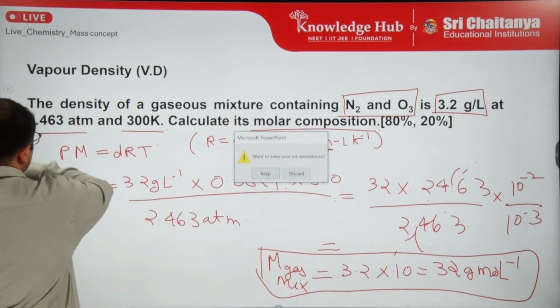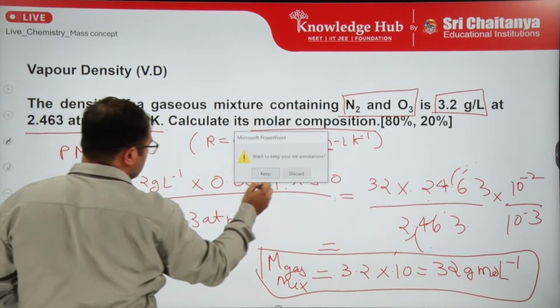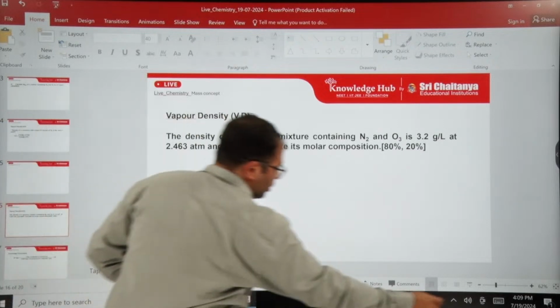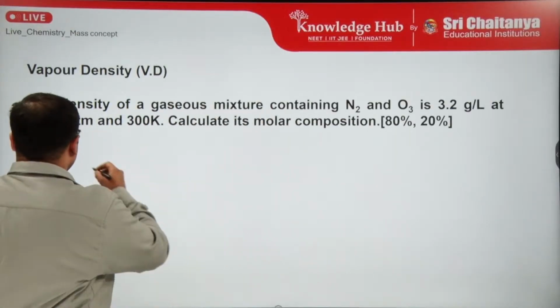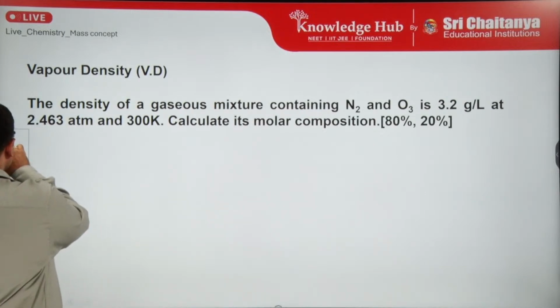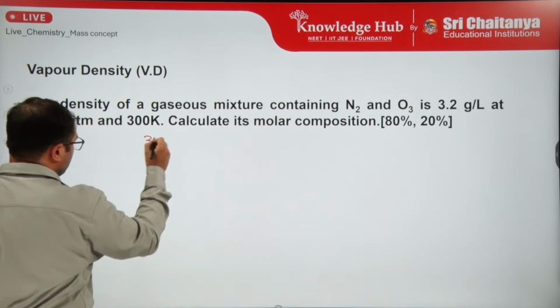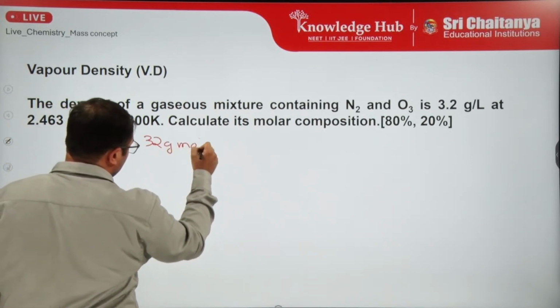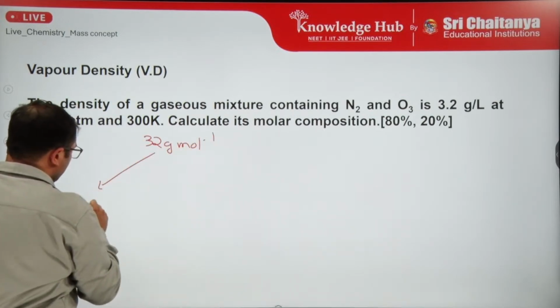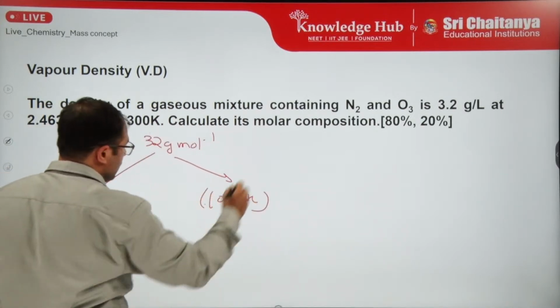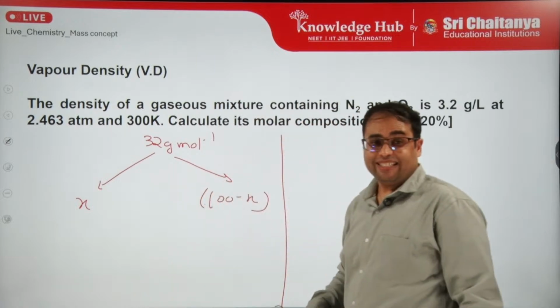So the molar mass that we have got is around 32, right. Now by x, 100 minus x, right? We can do this easily.